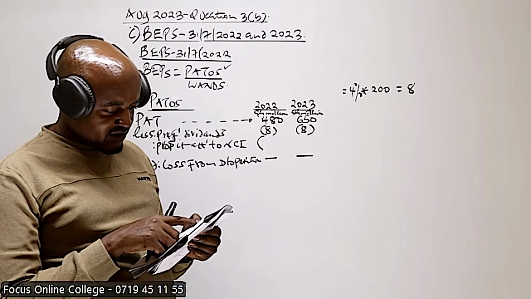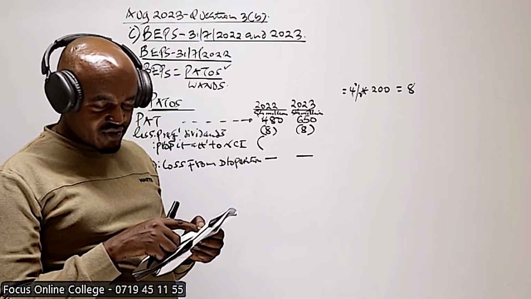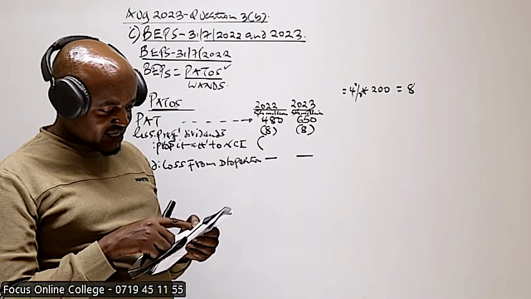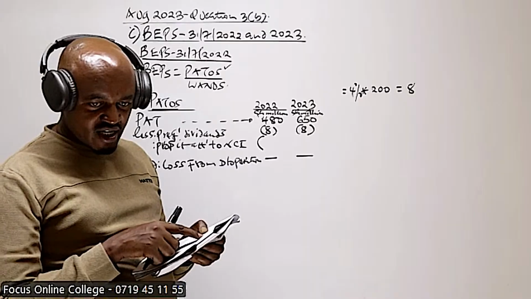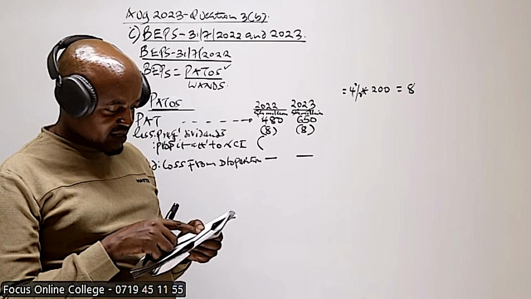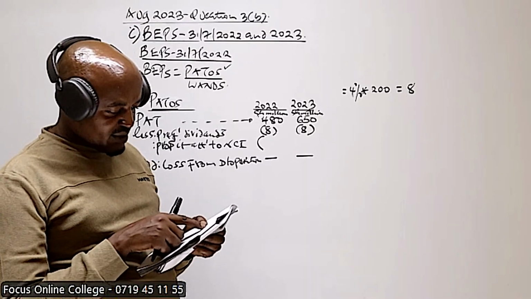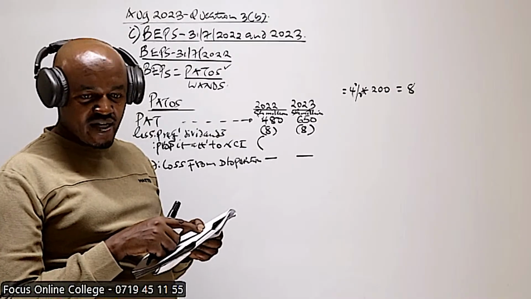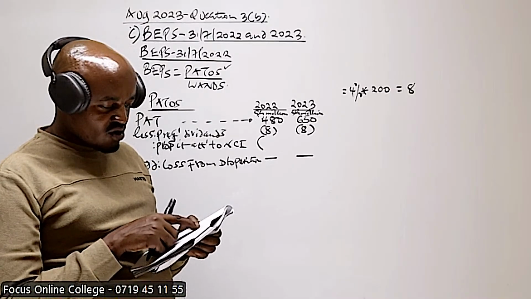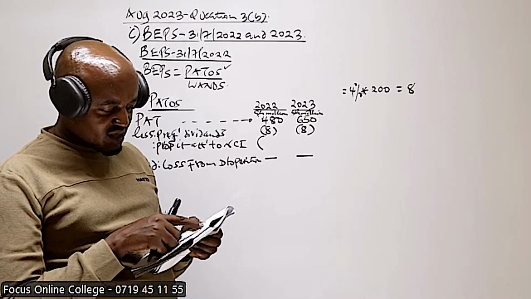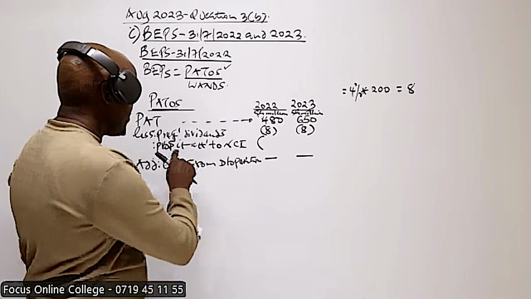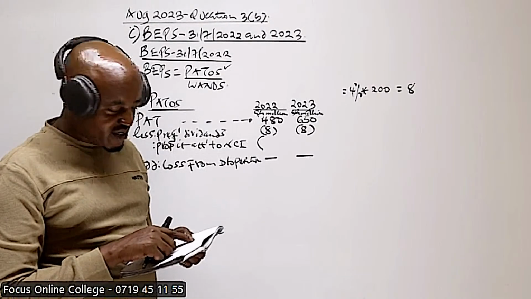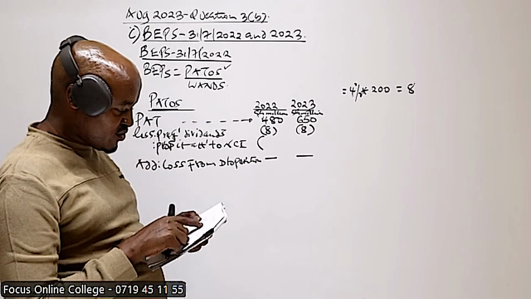We are given the profit for the period attributable to the owners of the parent and attributable to the non-controlling interest. That's what we are interested in, and not whatever you're given down there, because down there we're given the total comprehensive income. So what we need here is the profit for the year attributable to NCI.